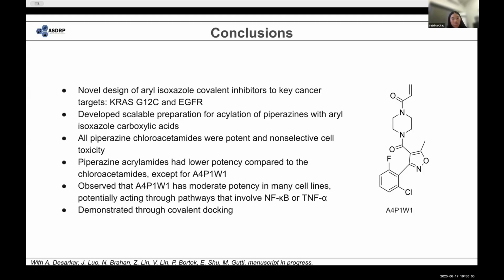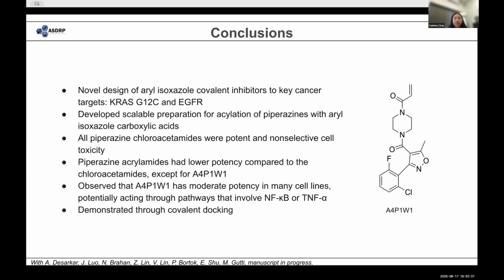Using high throughput reaction optimized by mass spectrometry, we developed a scalable prep for acylation of piperazines with aryl-isoxazole carboxylic acids, and we identified that the piperazine acrylamides had lower potency compared to the chloroacetamides, except for A4P1W1.